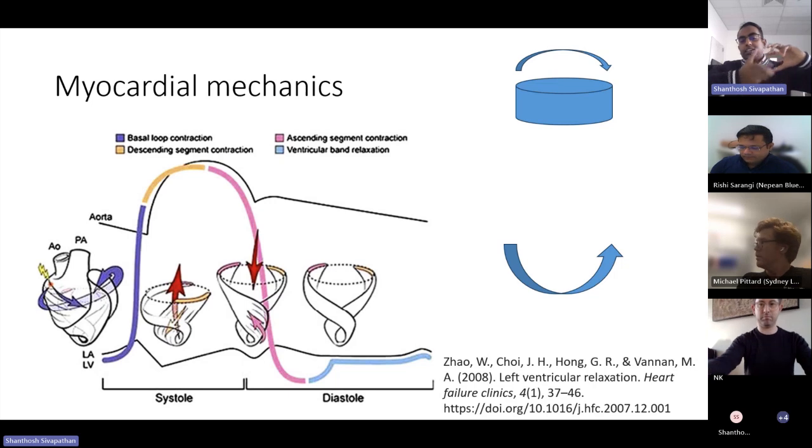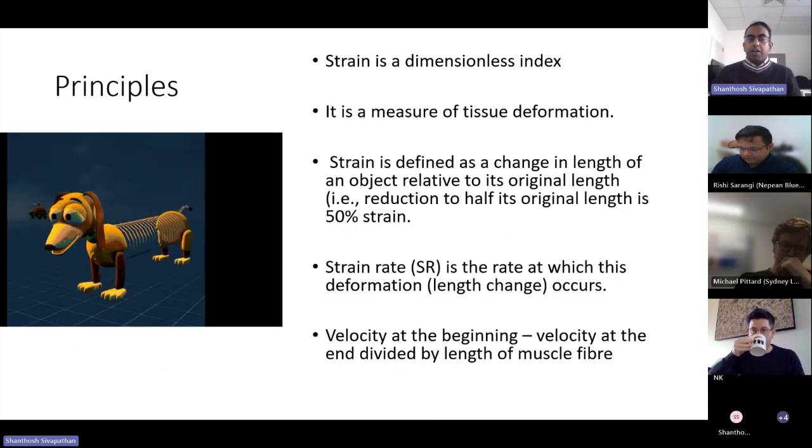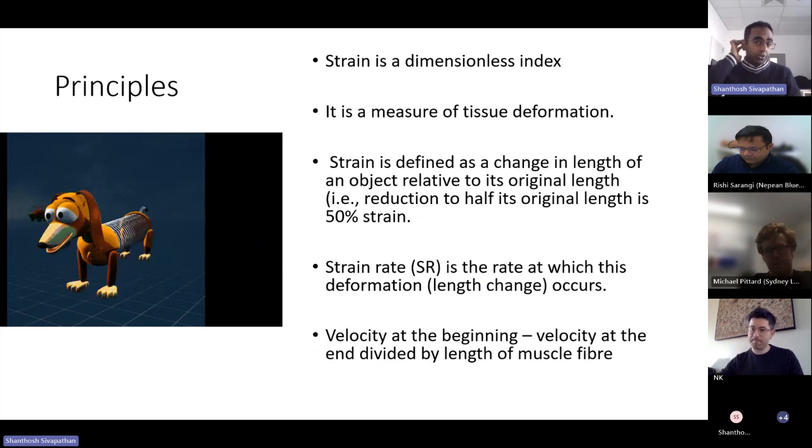Whichever way it untorques itself, it creates a suction mechanism, which is what creates the blood flow into the LV. Now, there are fibers that go in different directions, which I'll go into in a moment.